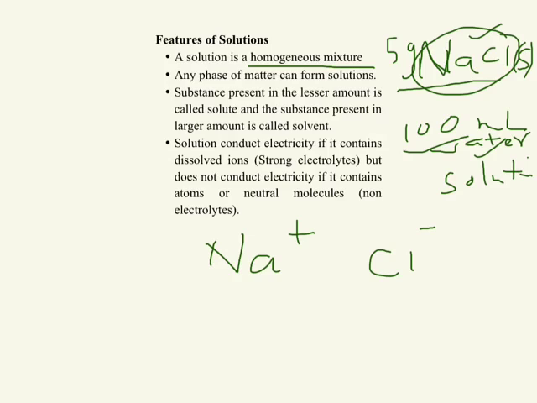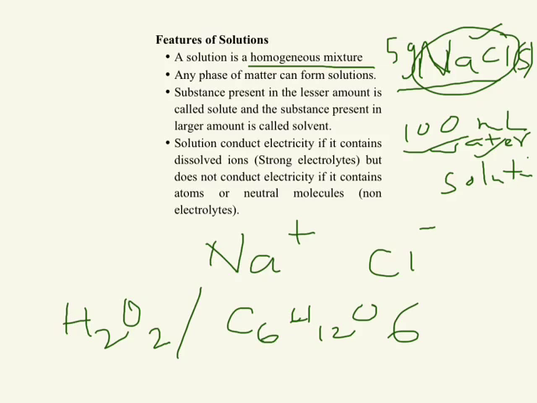On the other hand, if you take, let's say, hydrogen peroxide or glucose, and dissolve these compounds in water, they do not break down to form ions. Instead, they stay neutral.